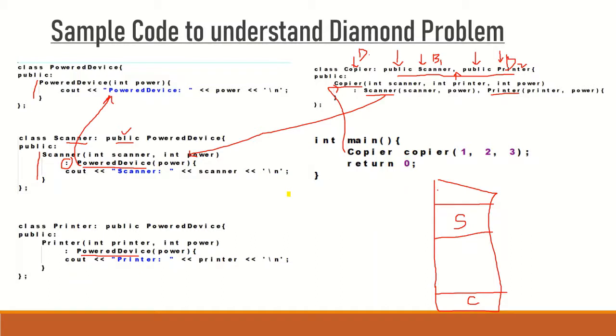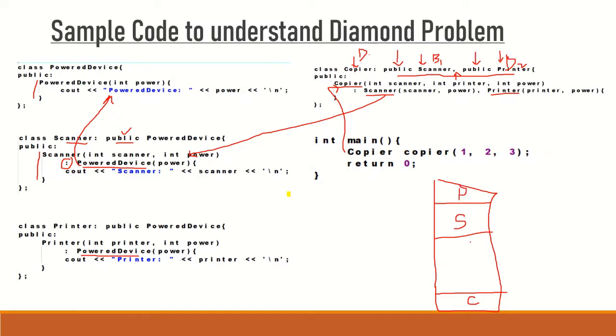So power device is part of the scanner class. Let me erase this diagram. So the scanner class has which part? Power device part. Okay, no need to erase.